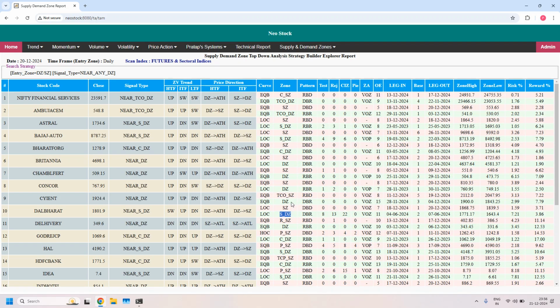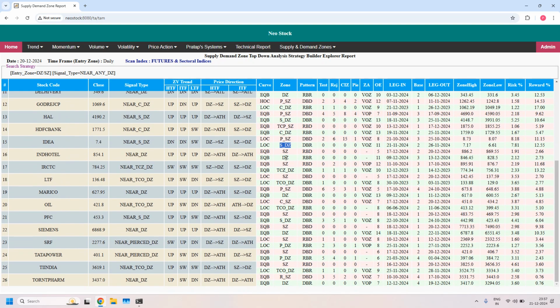Dalmia Bharat, Godrej Properties, Hindustan Aeronautical Limited, HAL, HDFC Bank, Idea, PFC, Power Finance Corporation, so we have 9 high liquidity zones from this list.